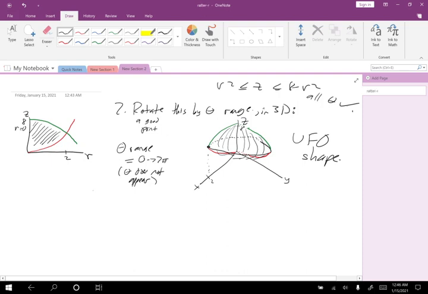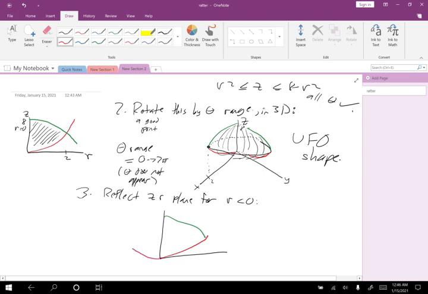Another way to visualize is to just reflect the ZR plane for r less than 0. So for example, if we can quickly draw that, I'm just going to draw it on the other side too.